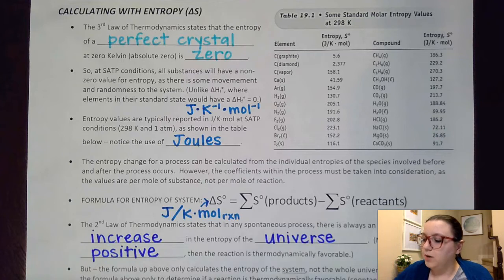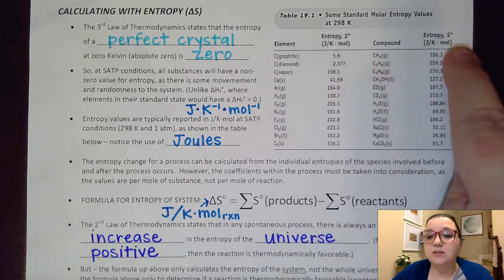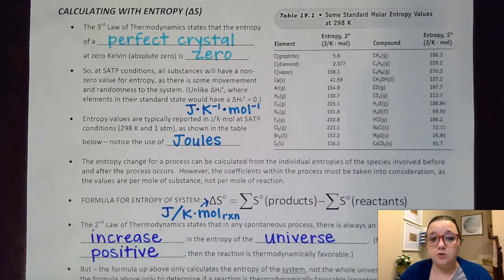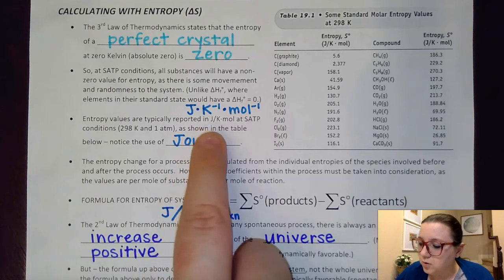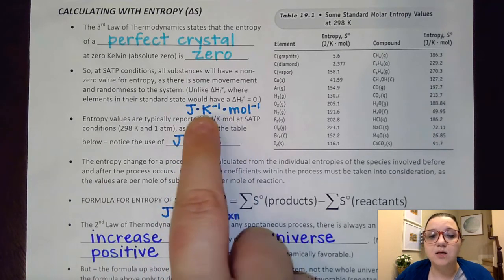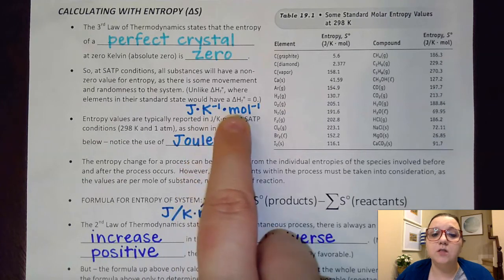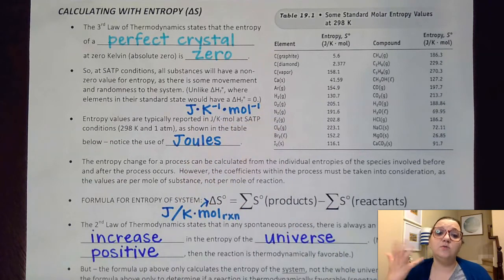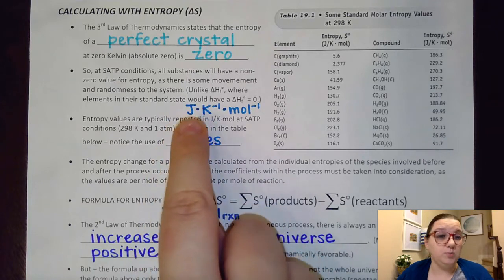One other thing I want to point out on this chart is that you'll notice a particular unit being used for entropy of joules per Kelvin times mole. Sometimes you'll see them use Kelvin to the negative first and mole to the negative first instead of dividing by those. So don't get panicked if you see it shown one way or the other. It means exactly the same thing. But what I want to point out about the unit is that we see joules being used in there.